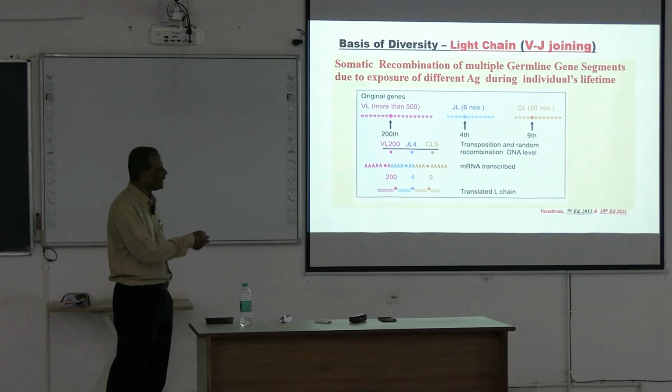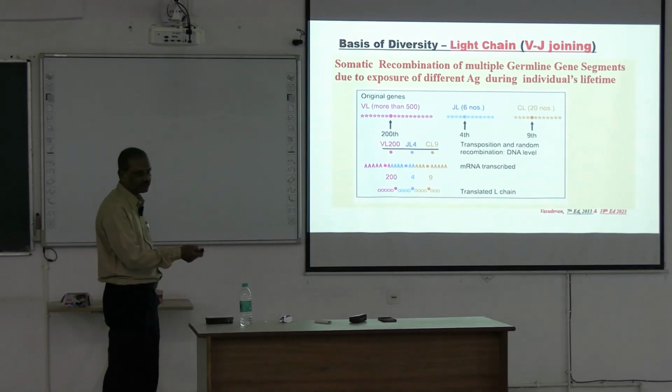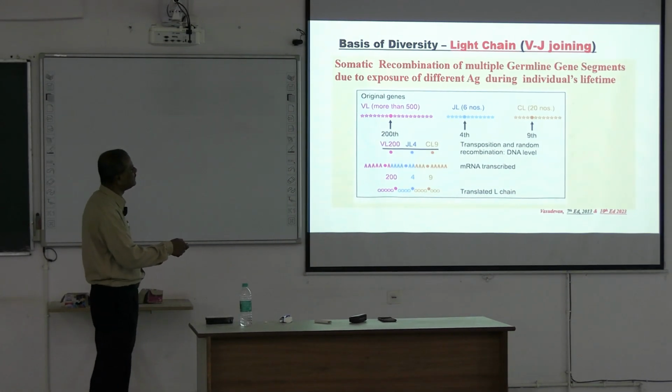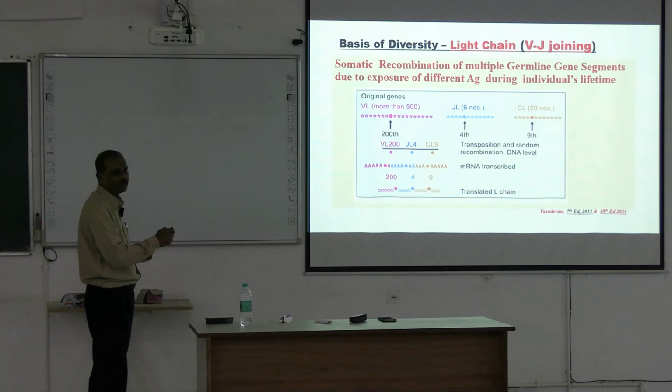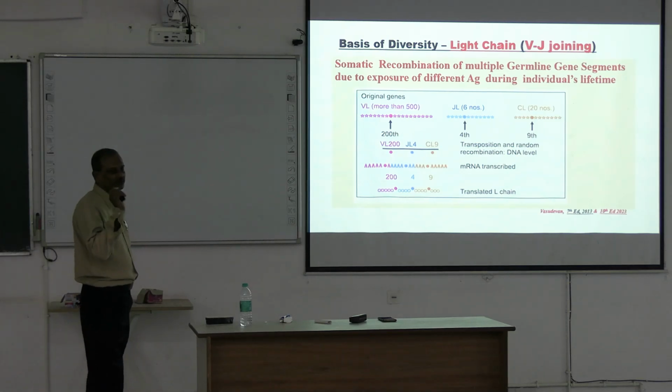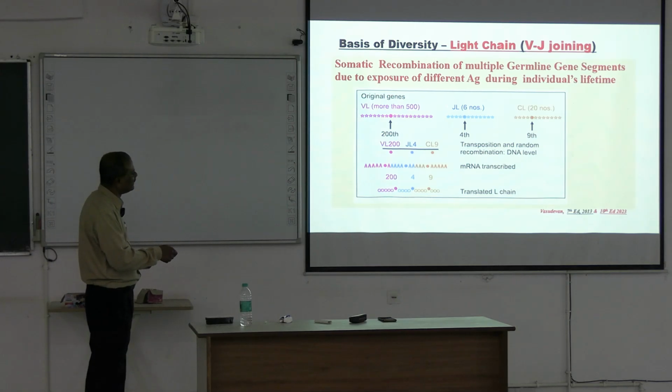So the same thing is again taken from your Vasudevan book so that you understand when you go. It is given for the light chain, not for the heavy chain. So light chain VJ joining is there. Suppose here the VL is 500, J is 6 and the C region is 20. Suppose we are taking the 20th position here.